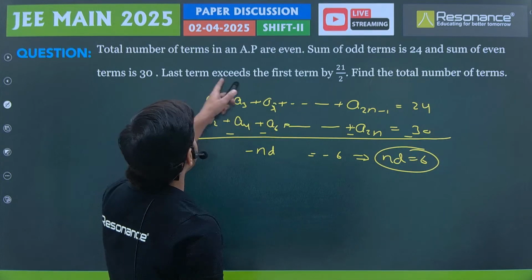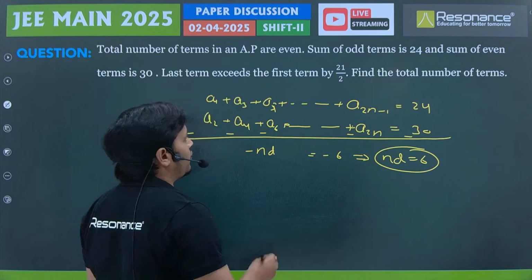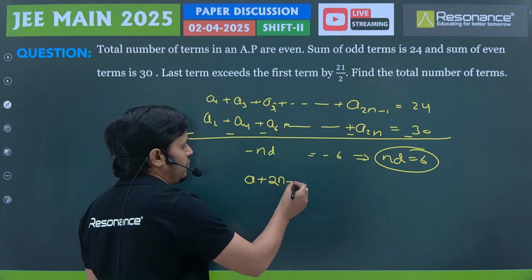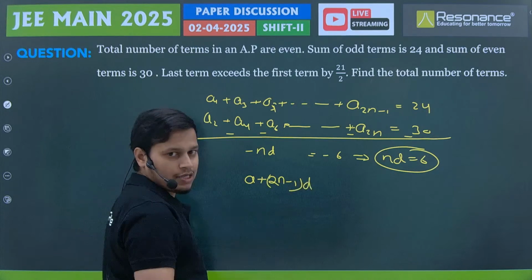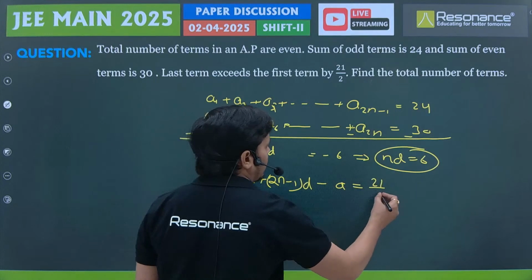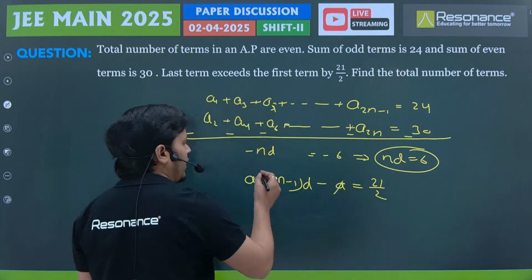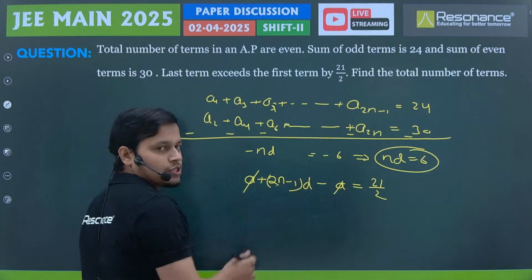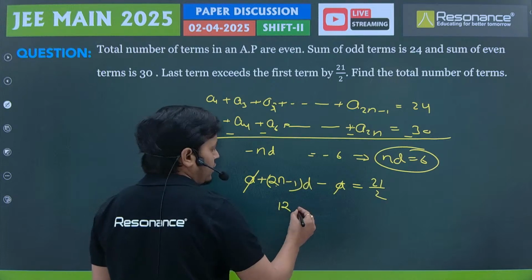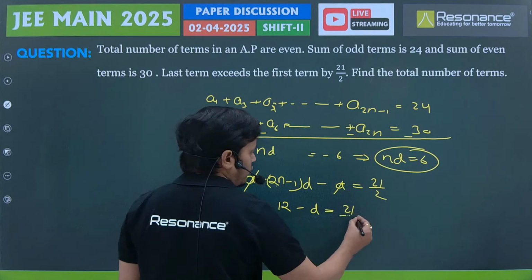Now the next thing is the last term exceeds the first term by 21 by 2. Last term, the 2nth term, is a plus (2n minus 1) into d. Last term minus first term is equal to 21 by 2. A and A cancel. If we multiply, this is 2nd. 2nd can be replaced by 12. Then 12 minus d equals 21 by 2.